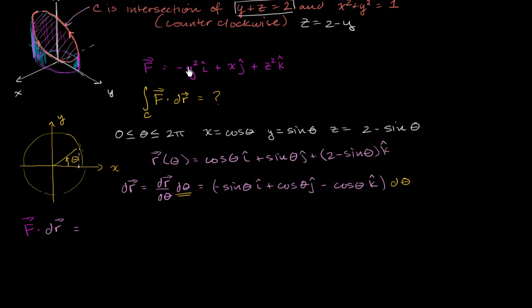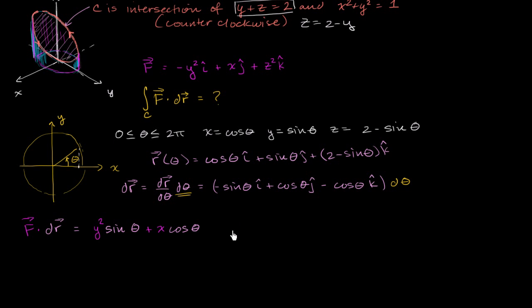so we look first at our i components. We have negative y squared times negative sine of theta. That's going to be, well, the negatives are going to cancel out, so you're going to get y squared sine theta, from the i component, plus x times cosine theta, plus z squared times negative cosine theta.